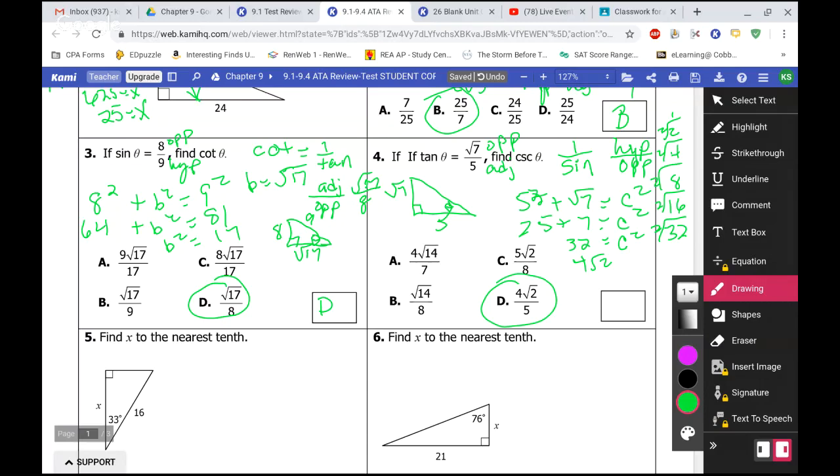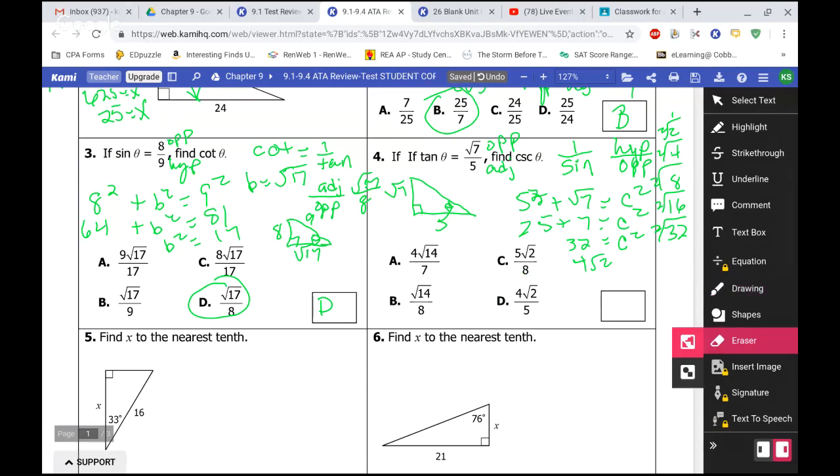Yay. What was C? What was C again? I lied. Did I lie? Did I factor too much? What did I do? I did something wrong. I feel like I did something wrong.